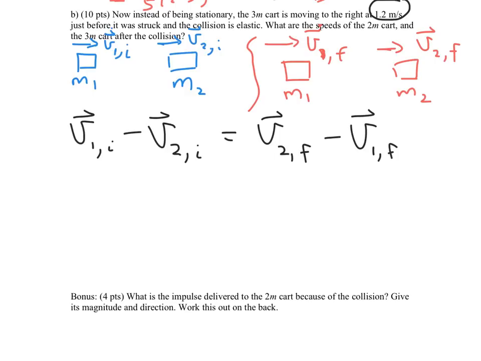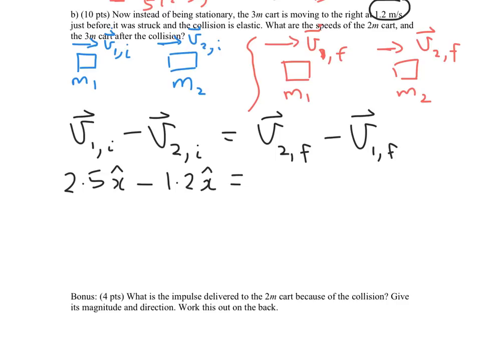So if you put this in, if you call to the right positive, then v1 initial is 2.5. If you want, you can indicate the direction x hat, minus v2 initial. It is also moving to the right, so it is positive 1.2 x hat.